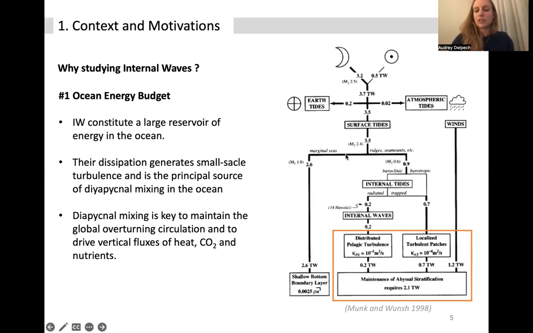As an illustration, here you have the famous chart by Munk and Wunsch in 1998 that shows that the forcing of the moon, the sun, and the winds over the ocean generates mostly distributed or localized turbulence in the water column that is key to maintain the abyssal stratification. And this goes through internal wave generation processes.